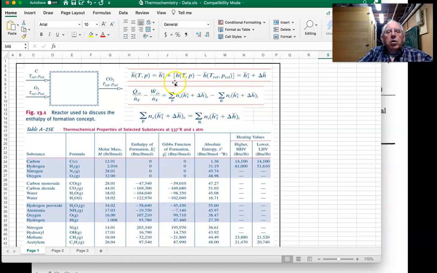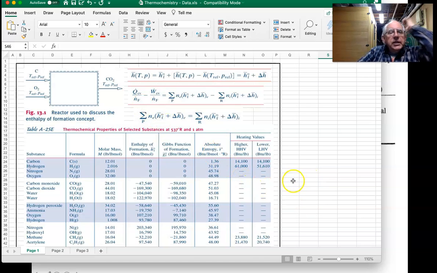And then we also wrote the first law equation representing the heat transfer, the work, and the products and the reactants. What I said before is if one allows a particular fuel to oxidize completely, and if one allowed the temperature of the products to go down to the reference condition, the amount of heat on a per mole of fuel basis that's released is called the heating value.